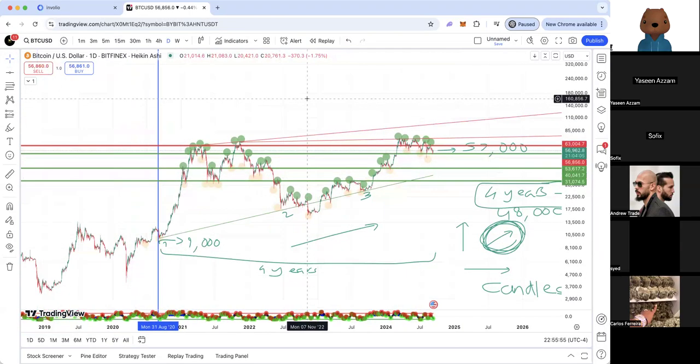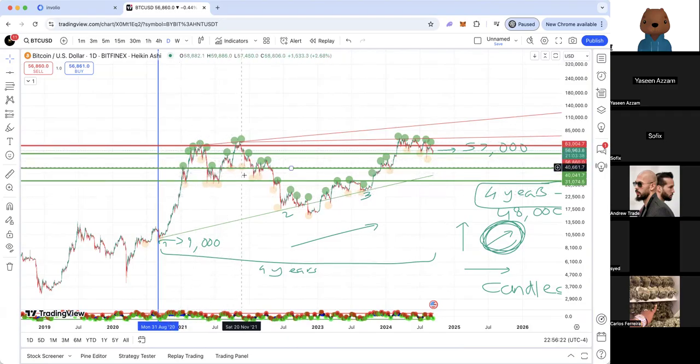Why are they important? Because they are the levels, these lines. Remember when we said support and resistance lines are just horizontal lines that touch the most amount of points on the chart. So this is a rough drawing, but each line that I drew horizontally touches as many points as possible with the price.